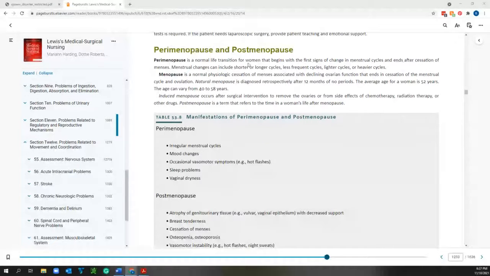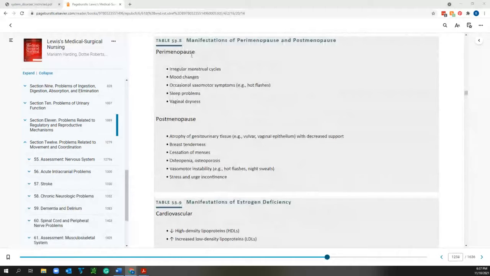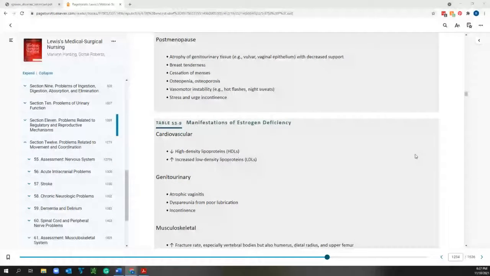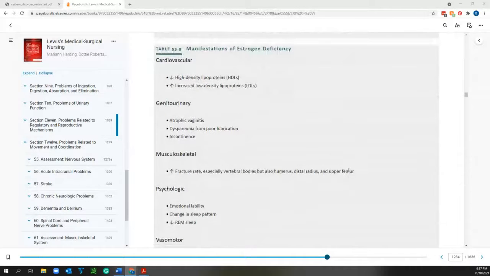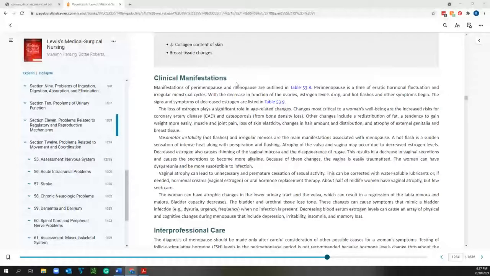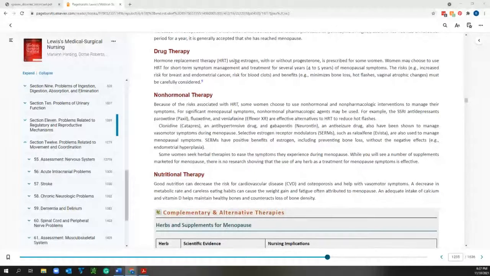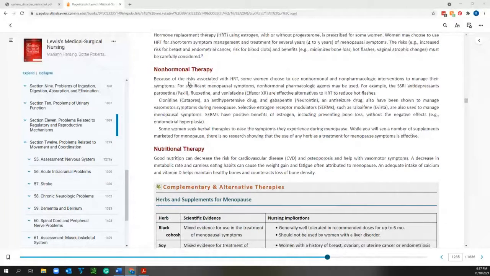Basically you've got perimenopause, postmenopause. This is where I pulled all my symptoms from: manifestations of estrogen deficiency. We talked about a lot of these. For drug therapy, we have hormone replacement therapy with estrogen with or without progesterone. Non-hormonal therapy, all the medications that I talked about are right here.